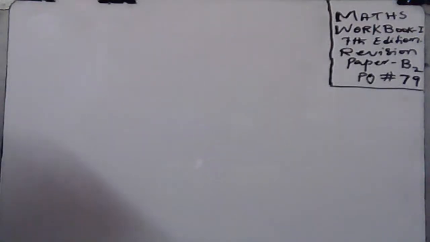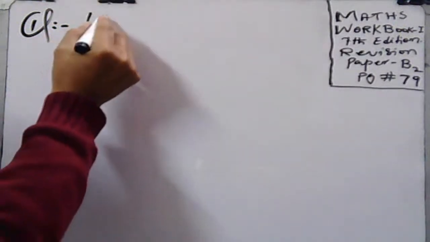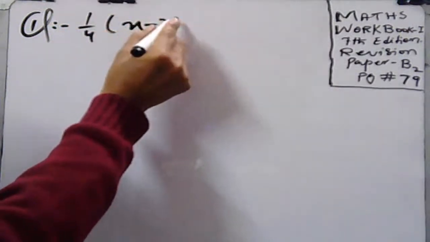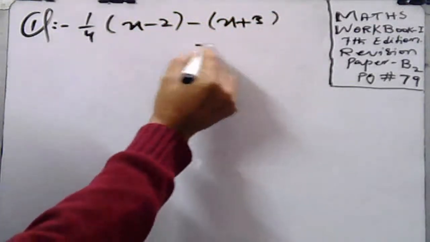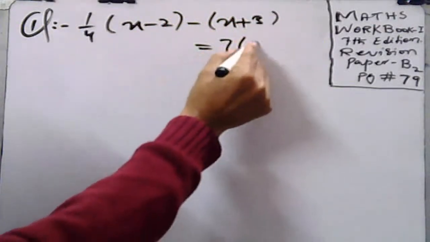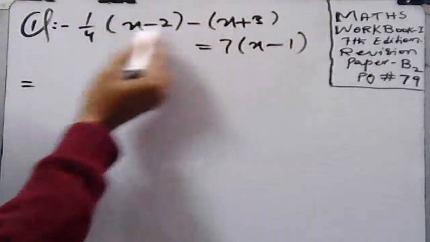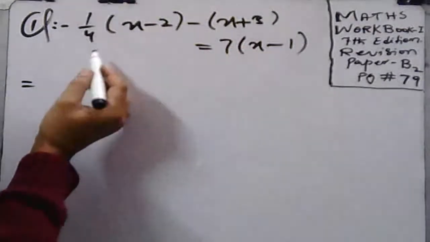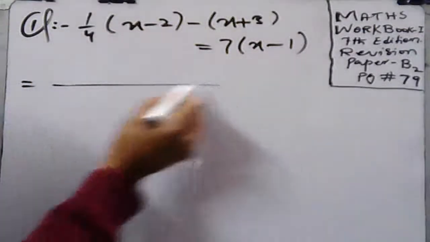Now you can see in question number 1, solve: 1 by 4 into (x minus 2) minus (x plus 3) is equal to 7 into (x minus 1). Solve this by taking the LCM. On the left hand side, 1 by 4 is dividing, so we take the LCM 4.